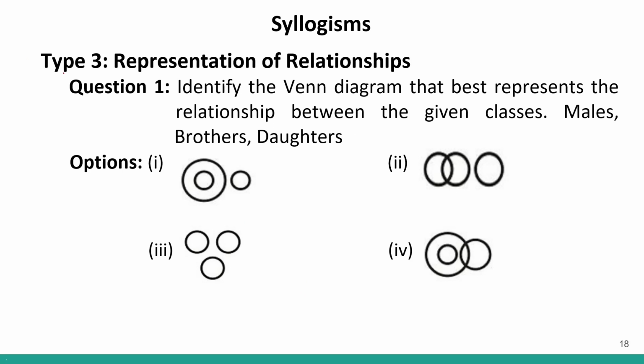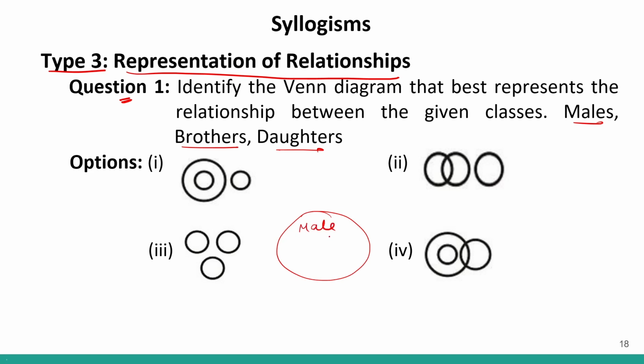Then we have type 3, representation of relationships. Certain words are given and we have to find a Venn diagram that will best represent that relationship. Question number 1 says, identify the Venn diagram that best represents the relationship between the given classes. Three words are given to us: males, brothers and daughters. Male is a larger category.